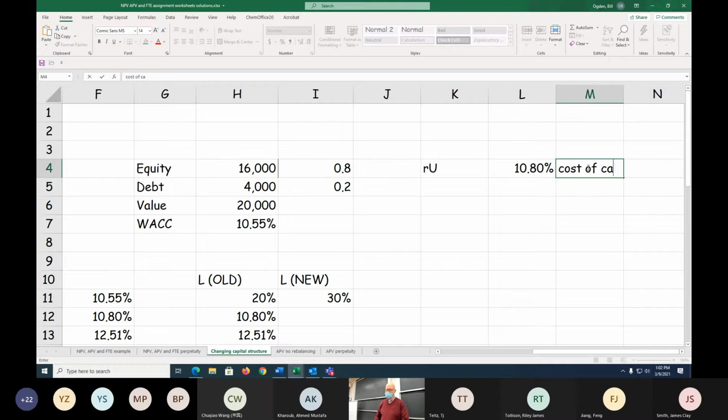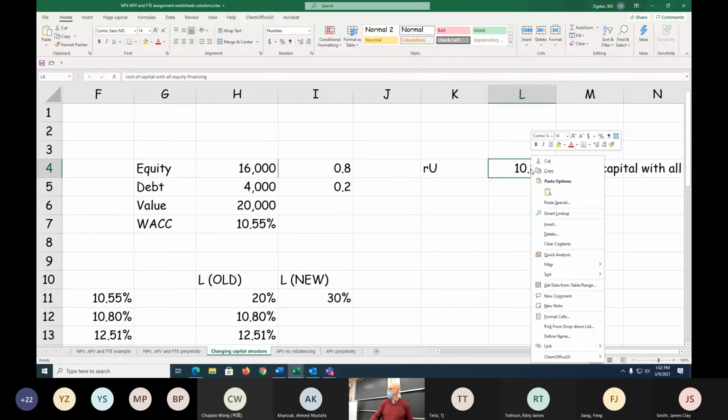Cost of capital with all equity financing. We just found it, didn't we? So with $4,000 of debt, the cost of equity was 12%. With no debt, that would drop to 10.8, wouldn't it?